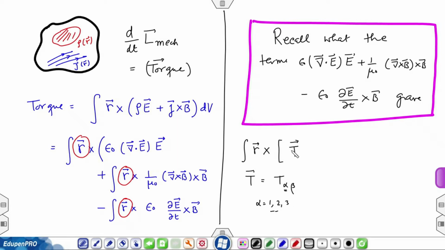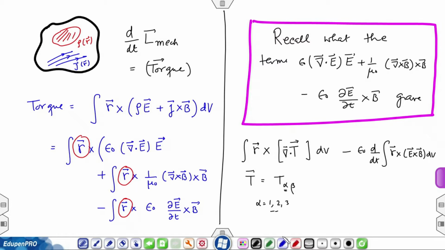That is what it means. In fact, it is a derivative, so let me write this as del dot T. I will write this explicitly in a minute. And then I had dV minus epsilon 0 d by dt of r cross E cross B dV.